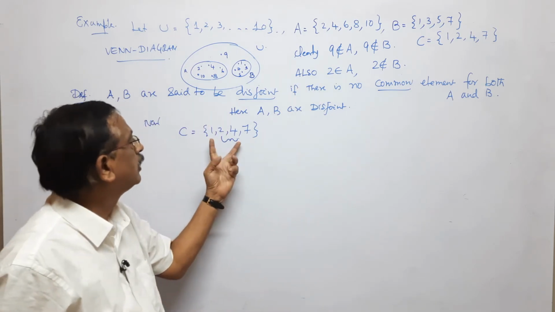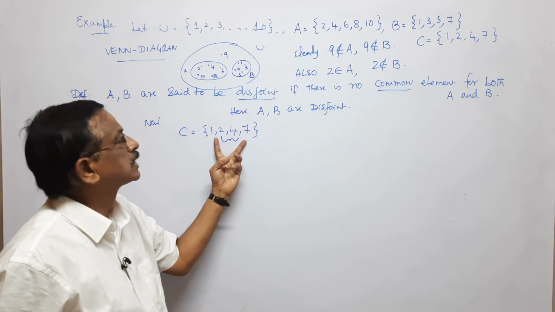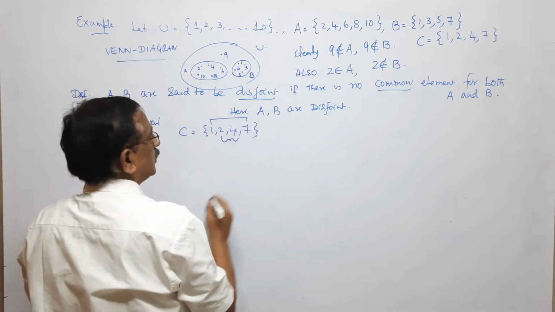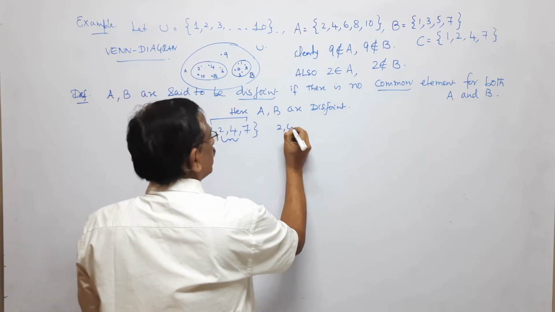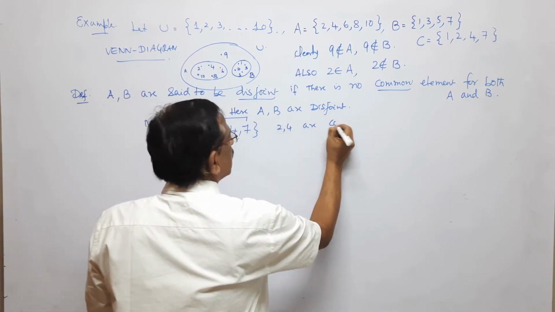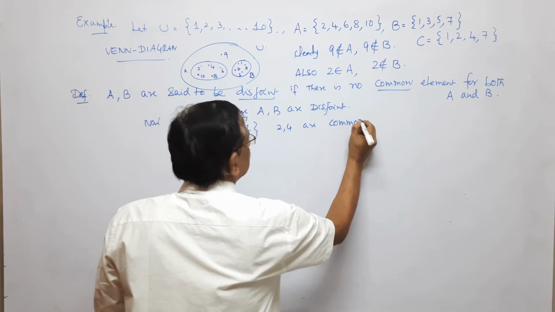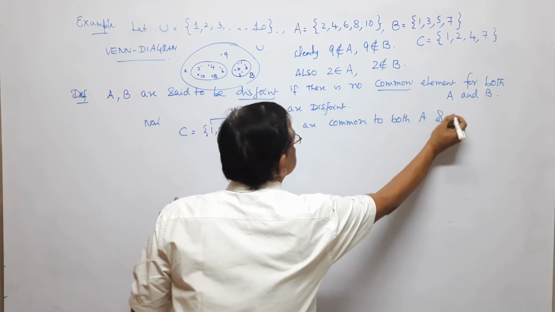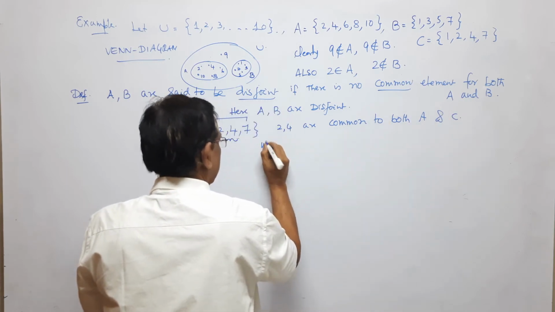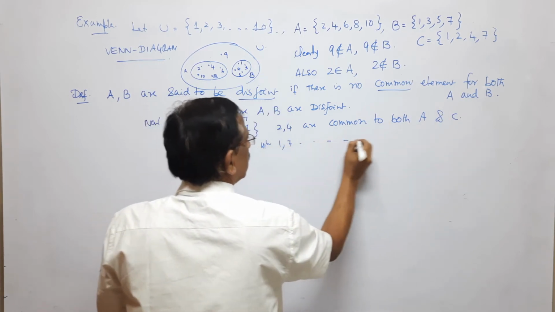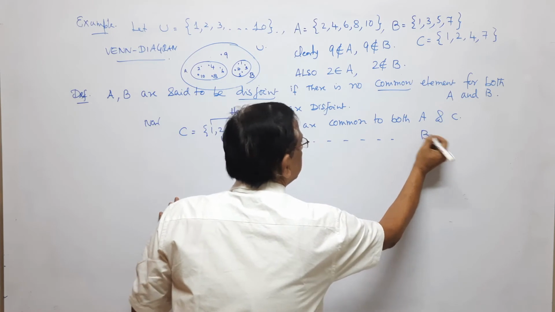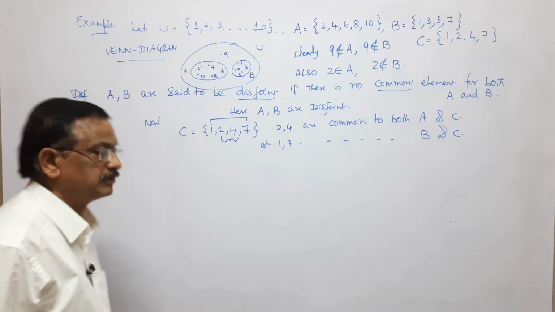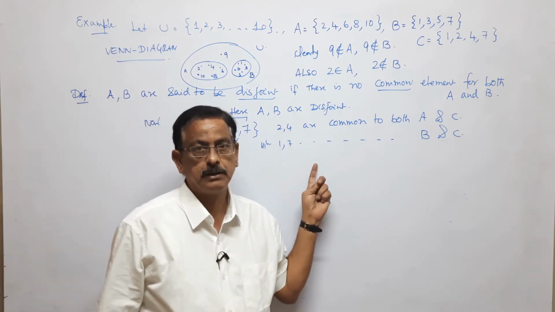In B, you have only two elements which are common with C. So 2 and 4 are common to both A and C. Similarly, 1 and 7 are common to both B and C. So there is a common element.